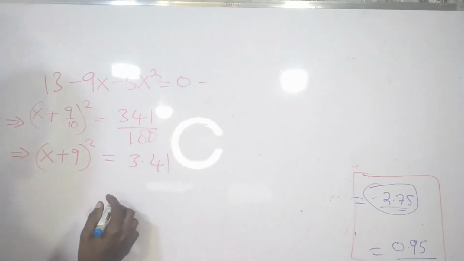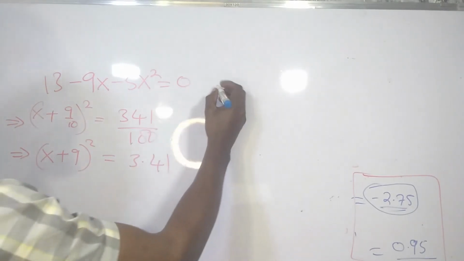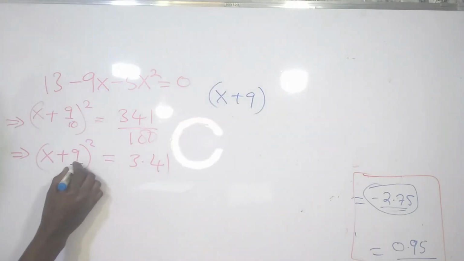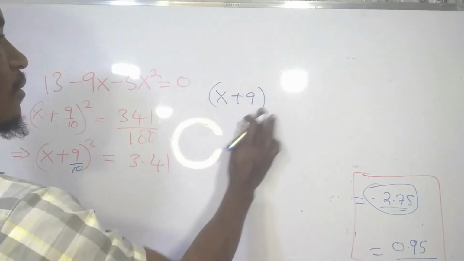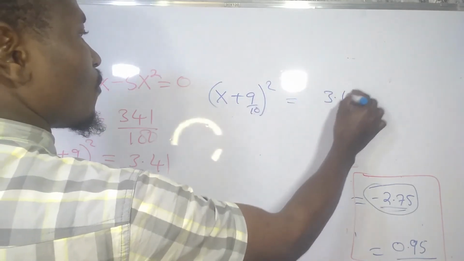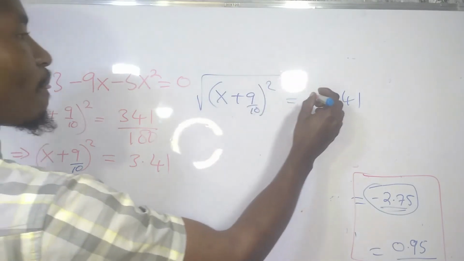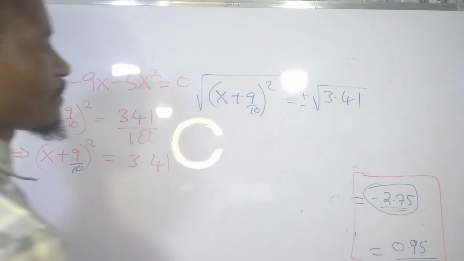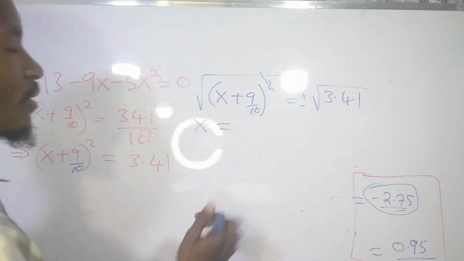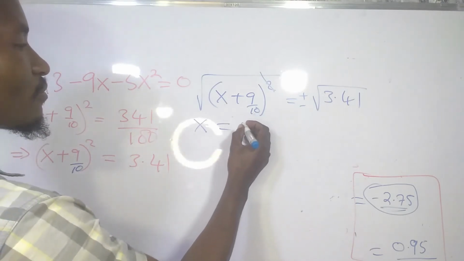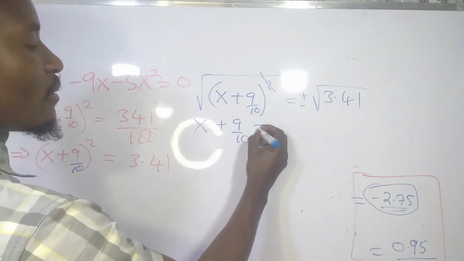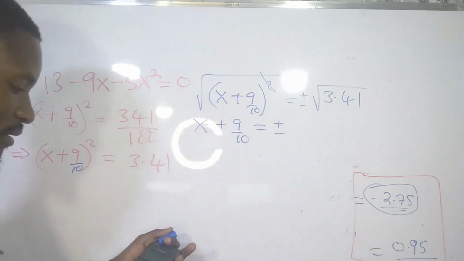So what you do now is you apply the square root to both sides. x plus 9 over 10 equals 3.41, so both sides, then plus or minus the square root. So x plus 9 over 10 equals plus or minus the square root of that.